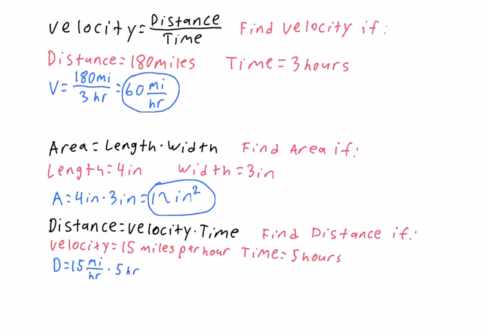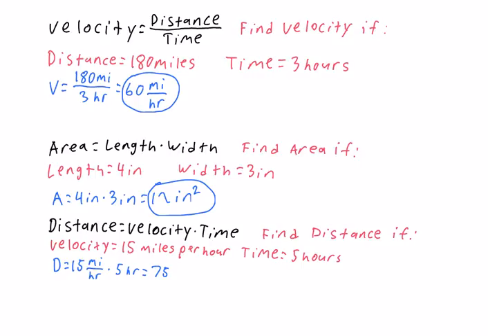Okay? So 15 times 5, that'll be 75. Then miles per hour times hours. Remember, when you multiply fractions, anything that's diagonal from each other crosses out. They cancel each other out. So if we've got hours here and hours here, the hours will cancel each other out, because when hours is by itself, we're saying it's on top.